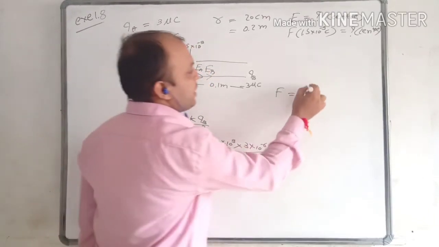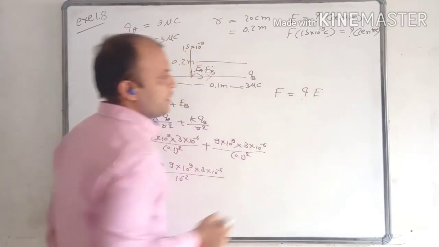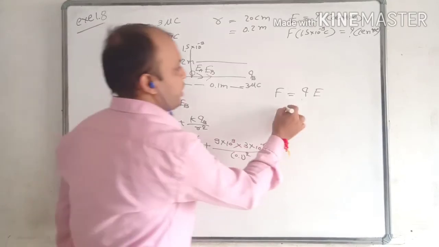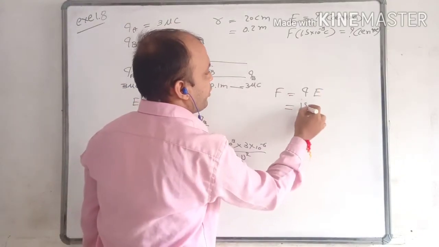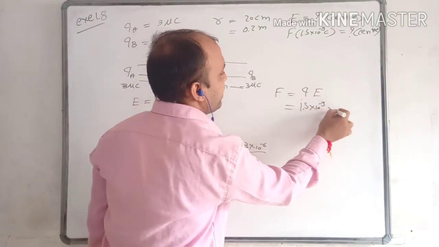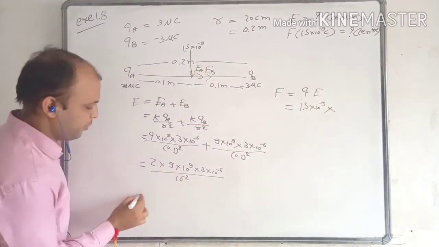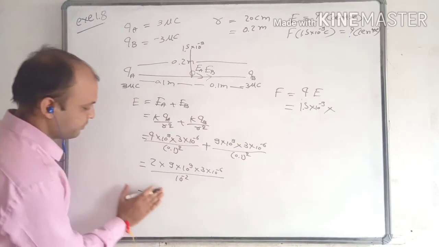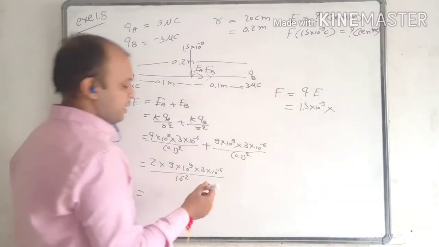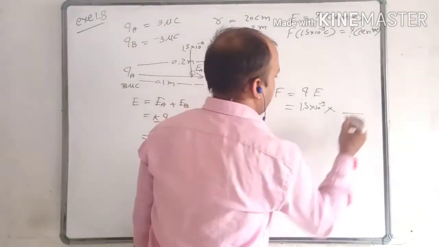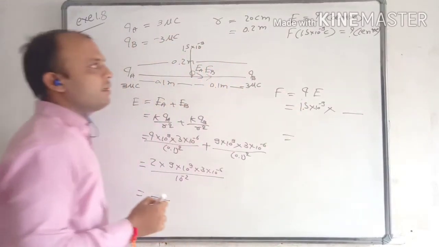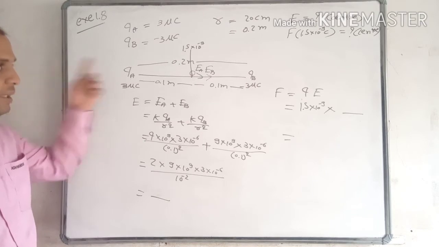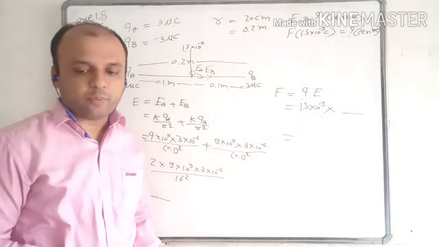Force will be Q into E, charge into electric field, that will give you force. So you have to put the value of 1.5 into 10 raised to minus 9 into the electric field which you get from here. Suppose we get any value, then this value will be applied here and you find the answer of force. Okay, so in this way you can solve this numerical exercise 1.8.